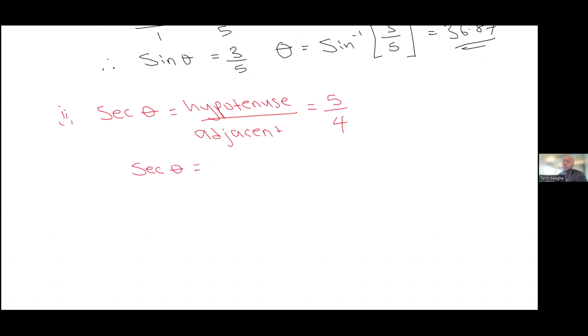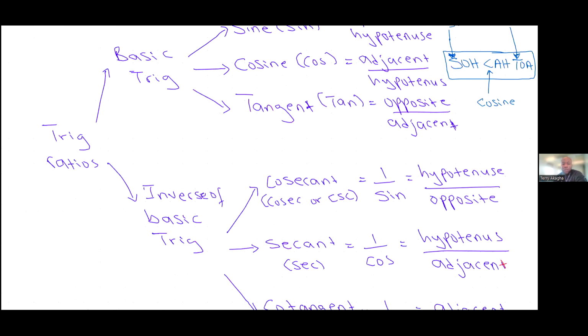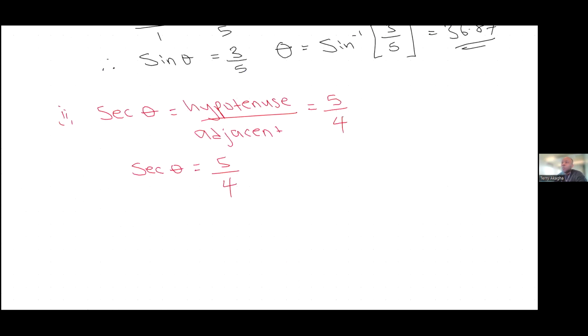4. Now, sec, if you look at sec more closely, I told you from the previous slide that sec is the same thing as 1 over cosine, all right? So sec theta is going to be 1 over cos theta, which is going to be 5 divided by 4.